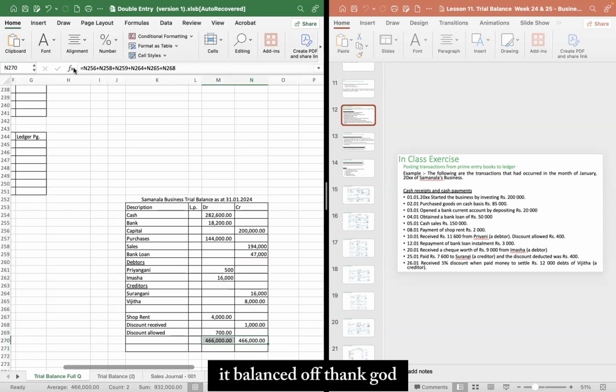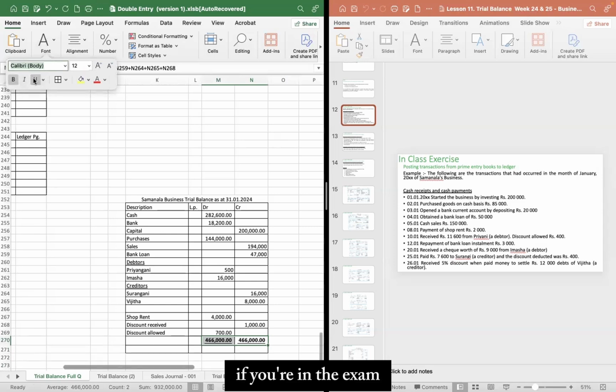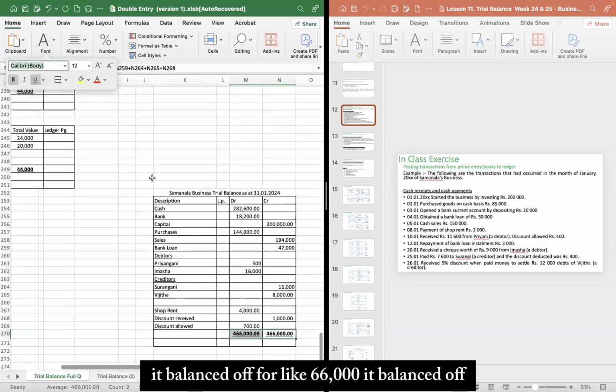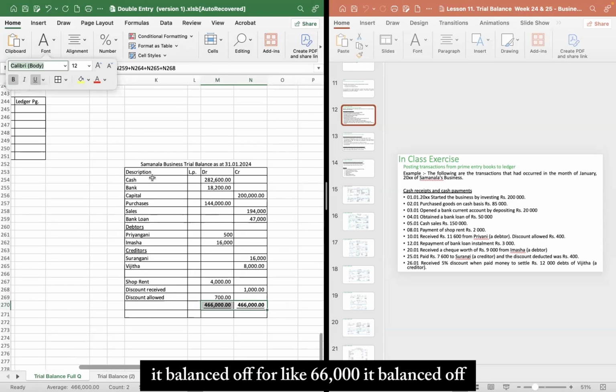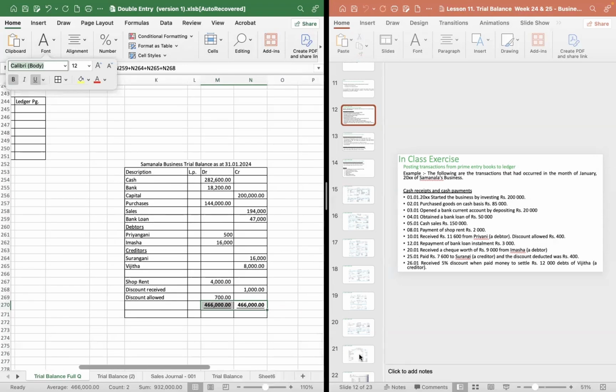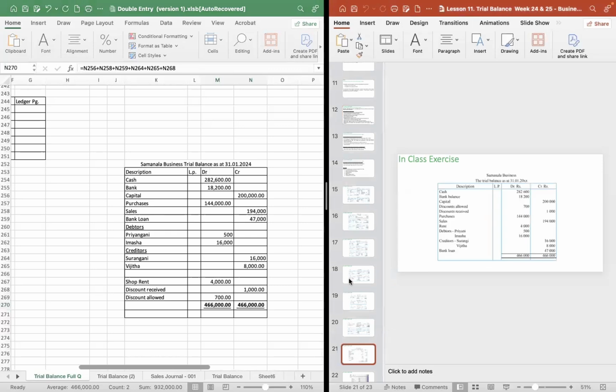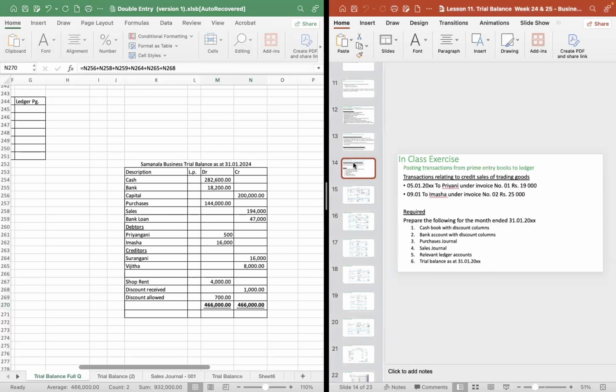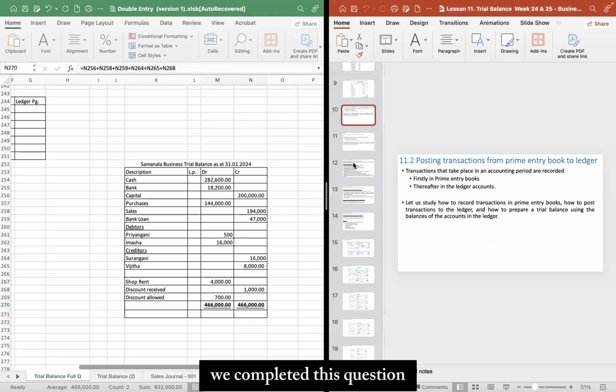It balanced off. Thank God. If you're in exam, it balanced off. 4,66,000, it balanced off. හරිනේ. Right. එතකොට we completed this question.